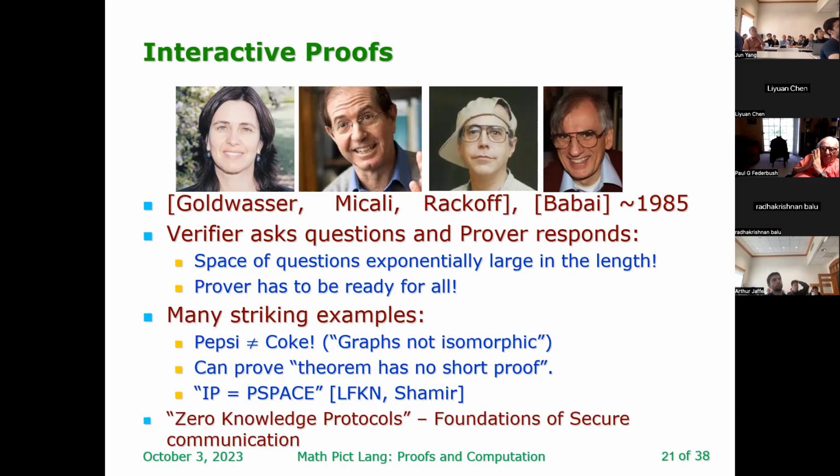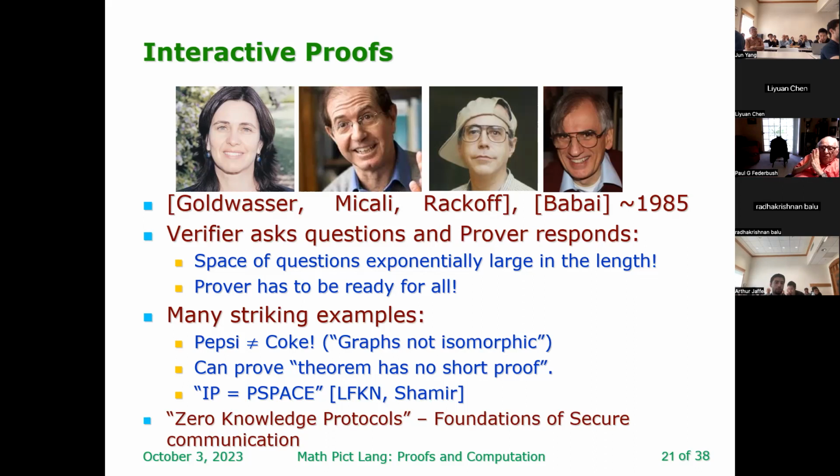There are even more sort of stunning results in the space. There are these things called zero knowledge protocols where I can convince you of any statement I want while giving you no additional information other than just the fact that the statement is true. Okay, so somehow there's a very nice notion which is actually useful in cryptography, where you might want to say, I am allowed to make this transaction, but that should not give anybody who's sniffing on the transaction and listening to it the ability to simulate the same transaction again tomorrow.